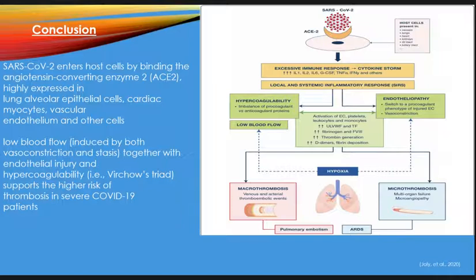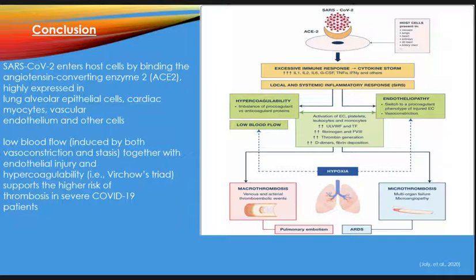So, in conclusion, we can see that the SARS enters the cell by binding to the ACE2 that's highly expressed in the lung, alveolar epithelial cells, cardiac myocytes, vascular endothelial cells, and other organs in the body. Low blood pressure is common with this disease process.